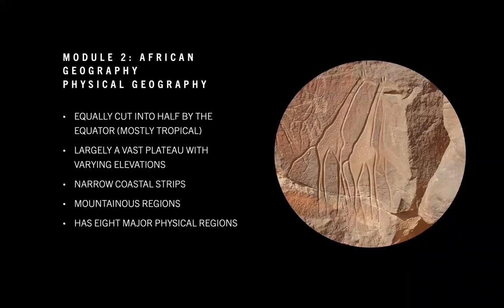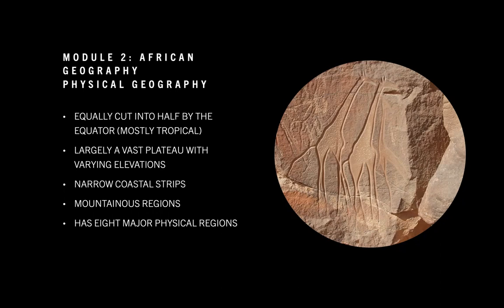Now, focusing on the very interesting physical geography of Africa, there are a lot of things to unpack. First thing, Africa is equally cut into half geographically by the equator, no? So, which makes the continent possess very tropical-like conditions.